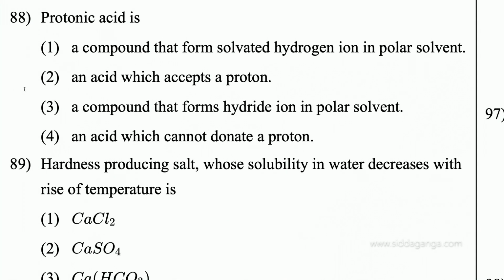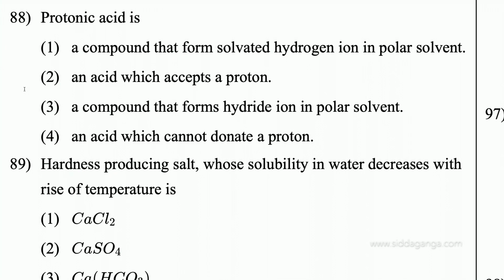Yes, protonic acid is a compound that forms solvated hydrogen ion in polar solvent, an acid which accepts a proton, a compound that forms hydride in polar solvent, an acid which cannot donate a proton. So the answer for this one is the first one, because whenever you dissolve hydrochloric acid or any acid in water, it will form the hydronium ion.